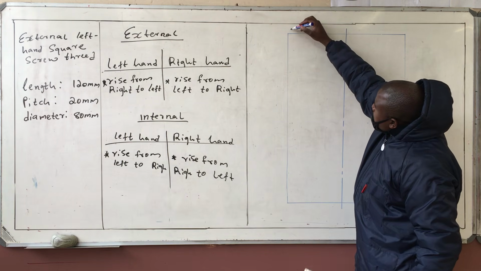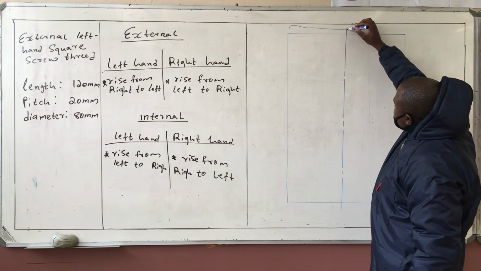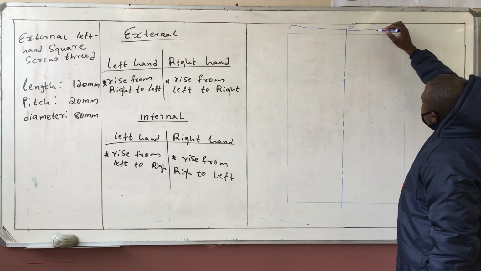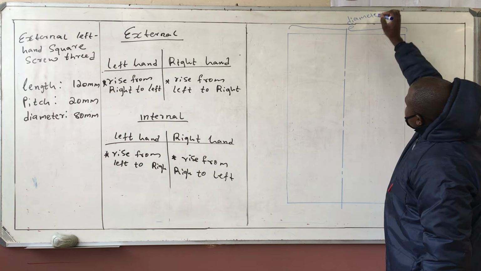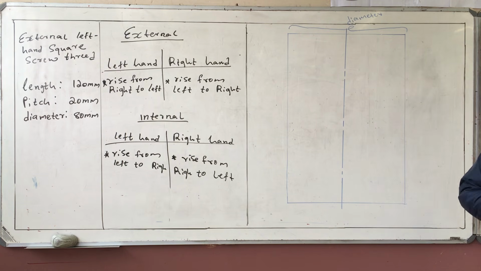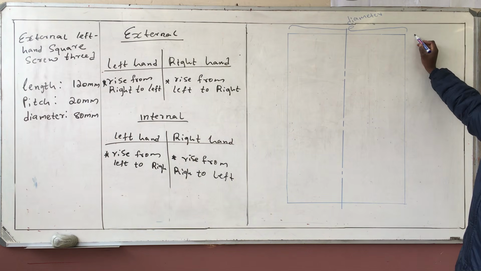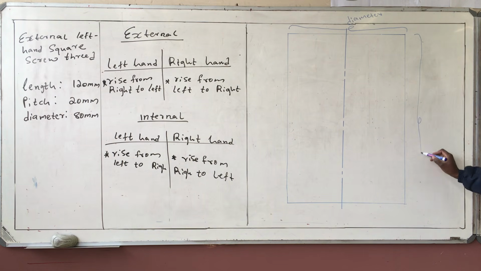This distance is your nominal diameter. Using construction line, this one again is your length.